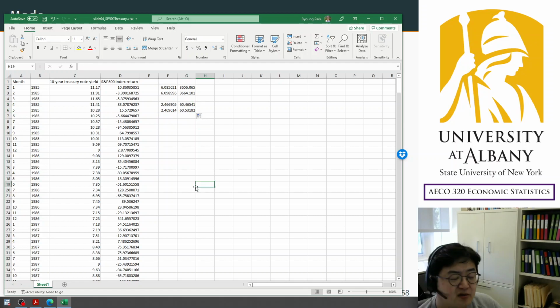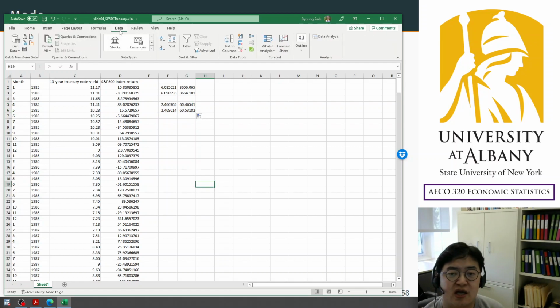And finally, before closing, I'd like to show you a quick data analysis tool. If you click the Data tab here, you will be able to see Data Analysis.